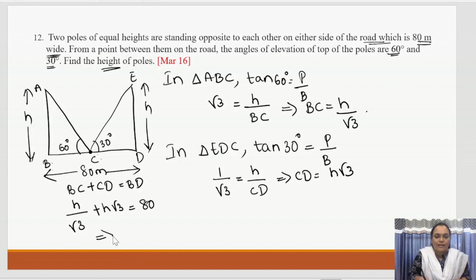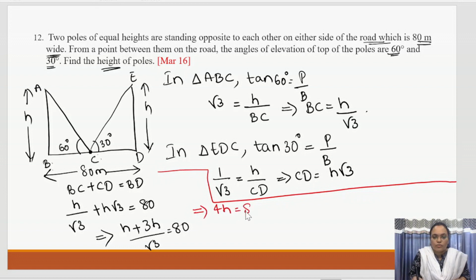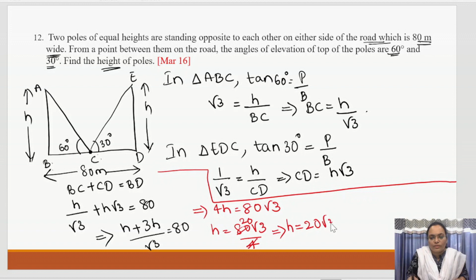If you take the LCM here, you will get h plus 3h by root 3 equals 80. 4h equals 80 into root 3. So h is 80 root 3 by 4. It is 4 ones, 4 twos, so the height will be 20 root 3 meters. Okay, so the height of a pole is 20 root 3 meters.